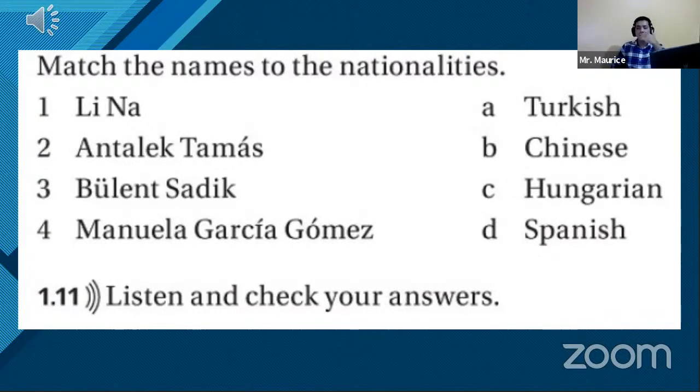Oh, okay, no problem. What is Antalek Tamás's nationality? Hungarian. That's perfect. Okay, but relax, okay? Relax, easy. Let's continue with another student.